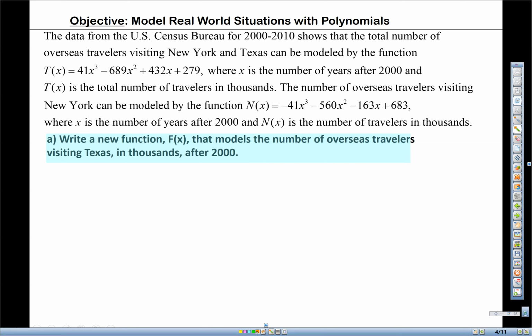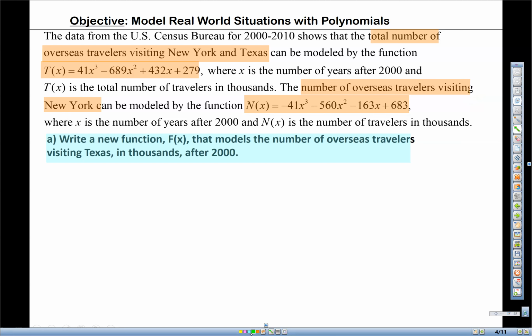Our t of x represents the total number of overseas travelers visiting both New York and Texas. And we know that n of x is representing overseas travelers visiting just New York.